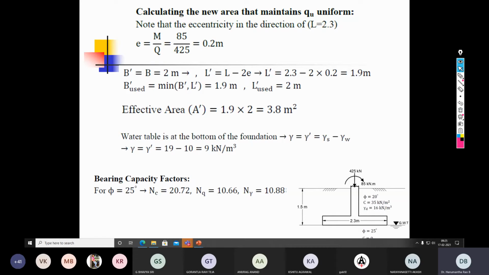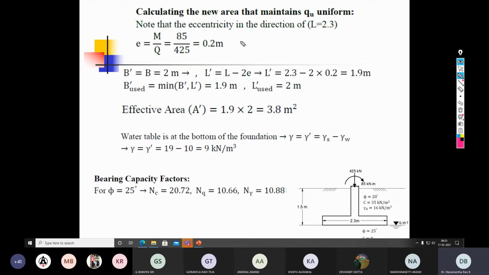Sir, here e is less than B by 6, right, sir? Typically e shall be less than B by 6. Correct. Sir, for effective area, we should not be like that, because stress is non-uniform. Yes, here in this case it is non-uniform. You will get Q max and Q minimum. You can also verify.